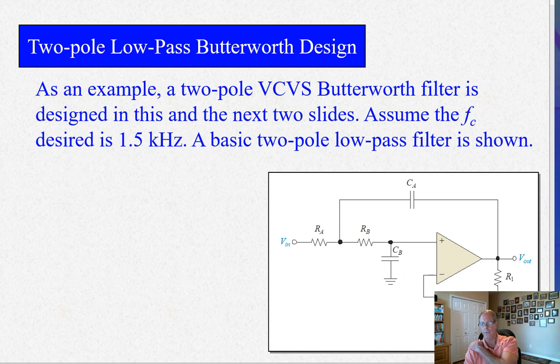Notice the negative feedback here. It's what we've seen before. If you take away all this stuff, these capacitors and resistors, and just replace this with a wire, what have you got? You have a non-inverting op-amp circuit, and that's what this is, okay? Except we put these capacitors and resistors in here to make it a filter, all right?